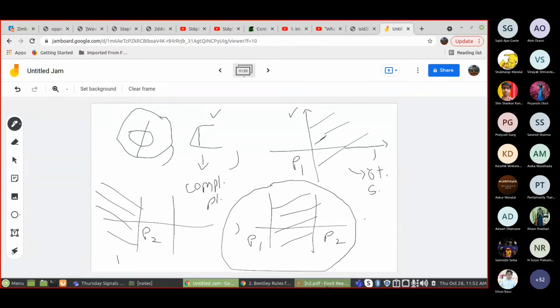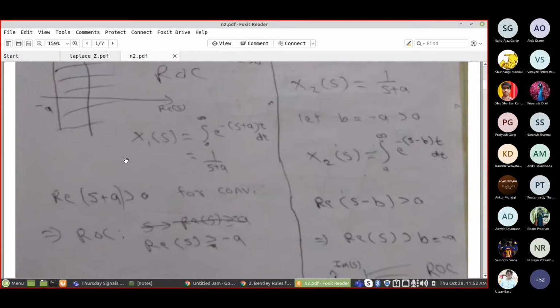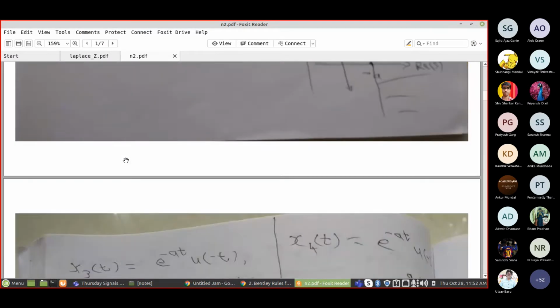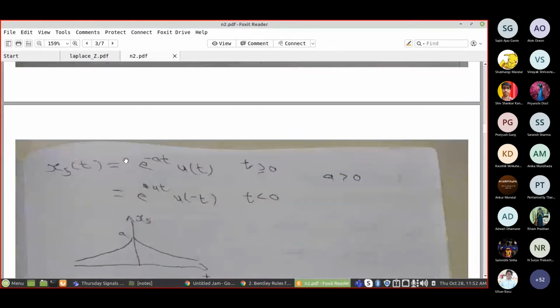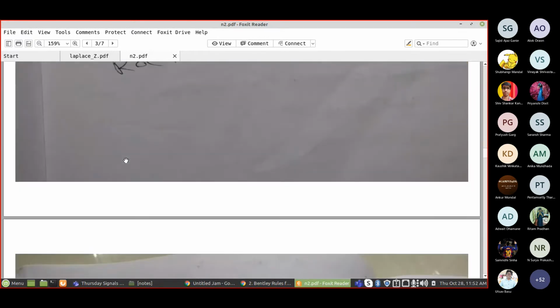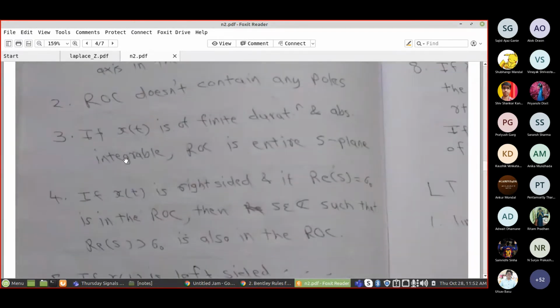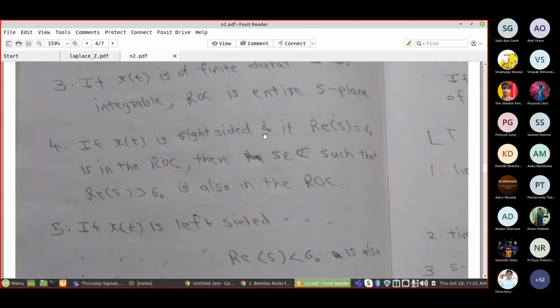Okay. So we are almost running out of time. So these other properties also we have discussed actually. If xt is right-sided, let me just read it, and if the real part of s equal to sigma naught is in the ROC, then everything to the right of sigma naught is also in the ROC.